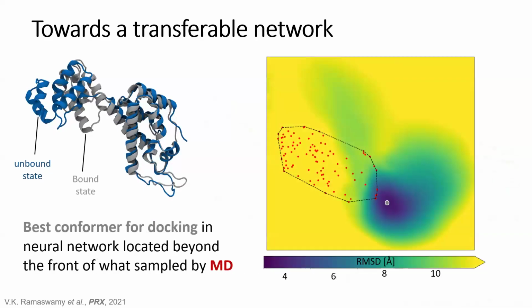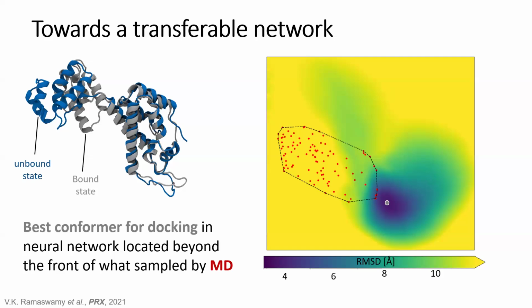What we found very interesting is, again, a plot of the latent space. This time we're coloring it as a function of how similar that specific region of the latent space is to the bound state. And we notice that the best representative of the bound state is outside of the front of everything the neural network has seen.